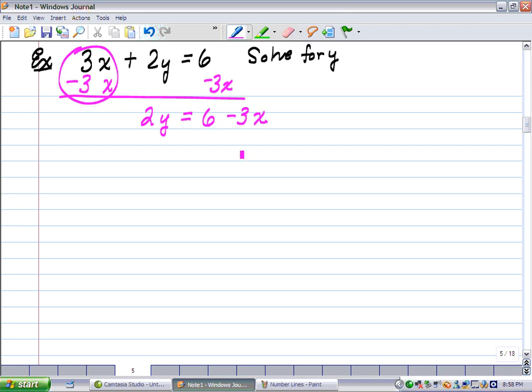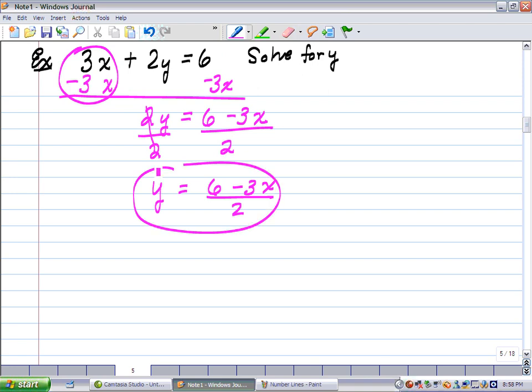Remember, I cannot combine those because they are not like terms. I could, if I wanted, put the negative 3x first. Okay, now to get the y alone, I'm going to divide both sides by 2. So that's going to give me y equals 6 minus 3x over 2. If you would put the negative 3x first, you would have y equals negative 3x plus 6 over 2. Doesn't matter, each is the same.